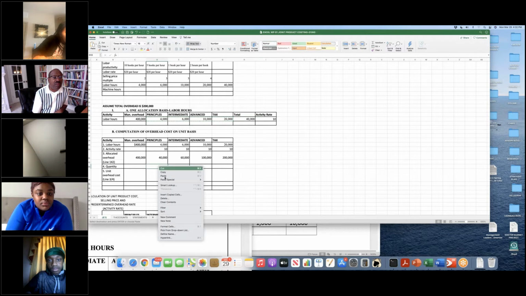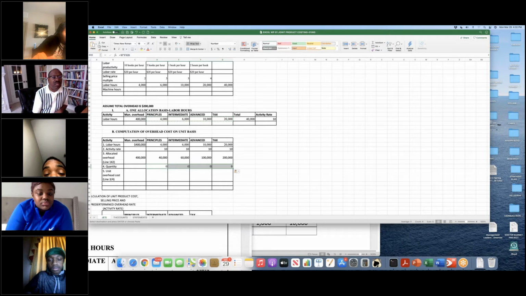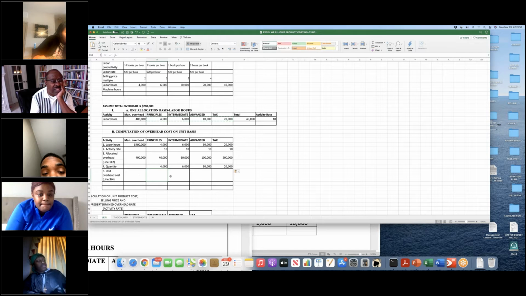Uh-oh. Paste special. There we go. Once formulas are in there, something happens in Excel that it doesn't want to paste it.